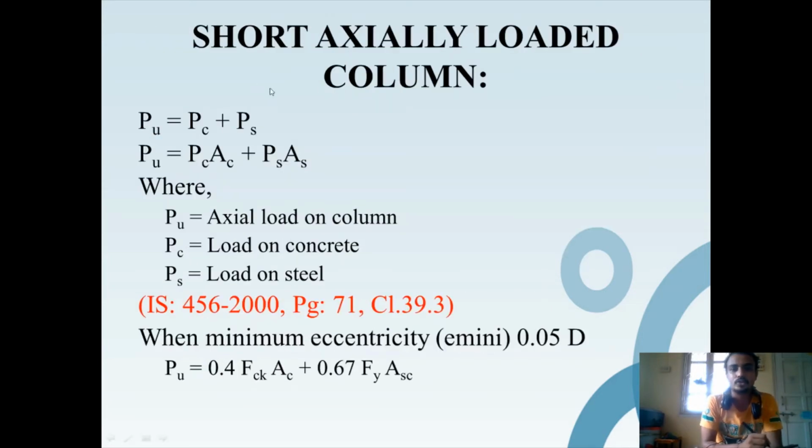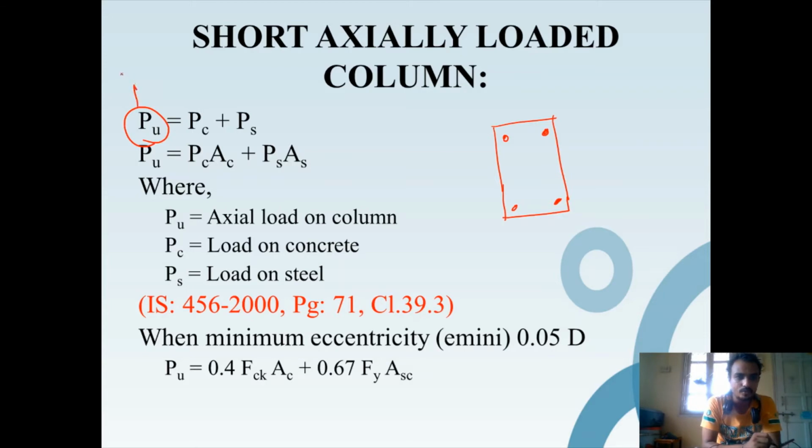Here is a short axially loaded column. In the short axially loaded column, you can see here is your column, and here is the reinforcement.